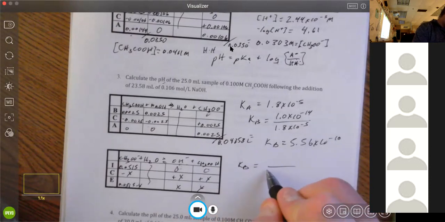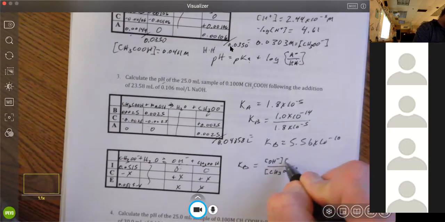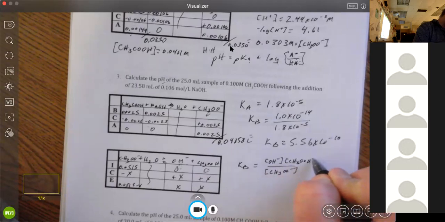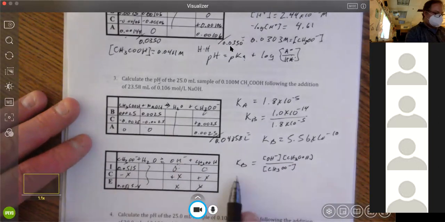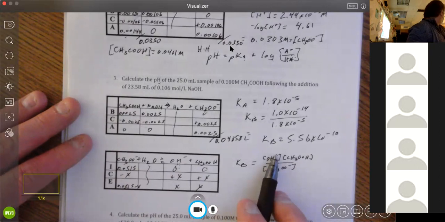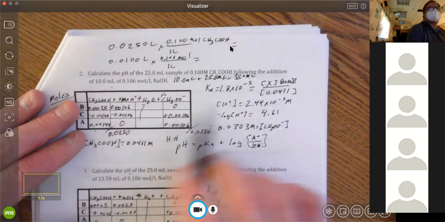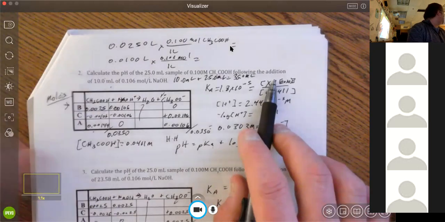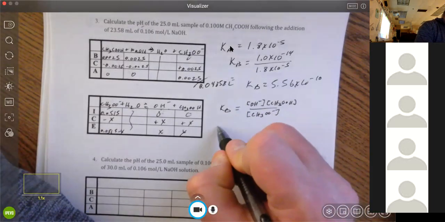Well, that is the CH3OO negative down here times the OH negative up here and the CH3OOH up here. Again, products over reactants. The Kb is telling us that we're dealing with formation of that OH negative. The Ka tells us that we're dealing with the formation of the H positive, the hydronium or the hydrogen ion.